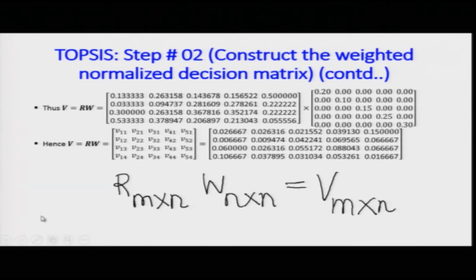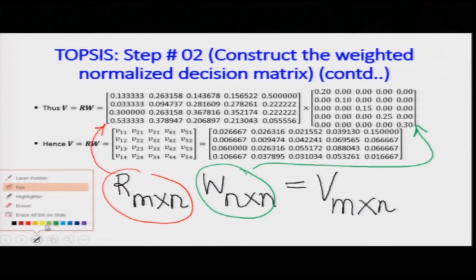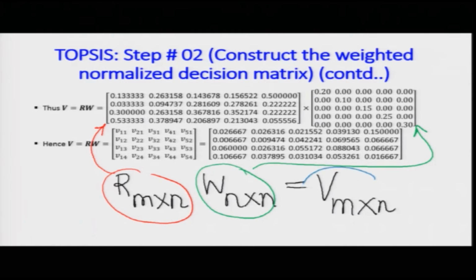So, this R is given here, this W is given here, and this, say for example, V once you find out is given here. So, you find it out accordingly.